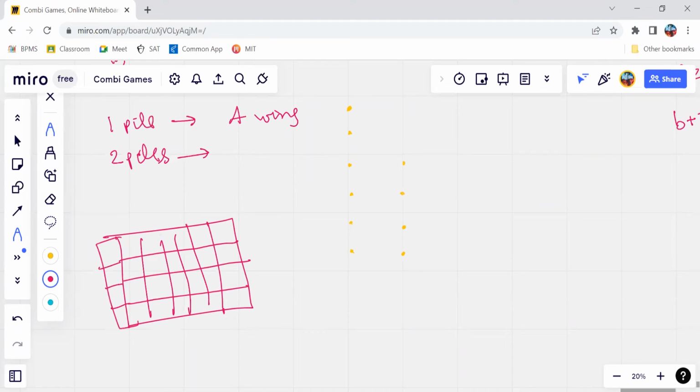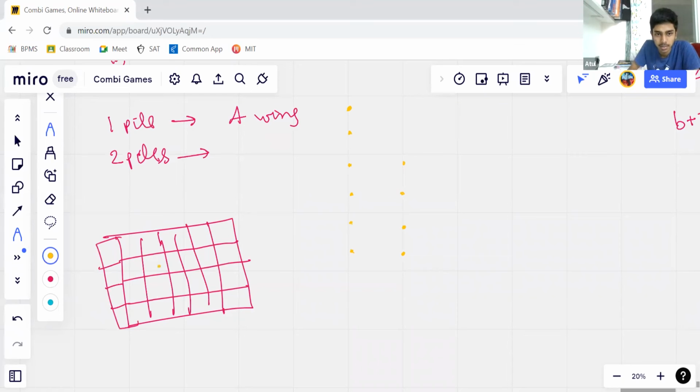Don't turn things so fast, please. So suppose the token is at this point, then it's at a distance of 1 from the top row, and a distance of 1, 2, 3, 4 from here, right?